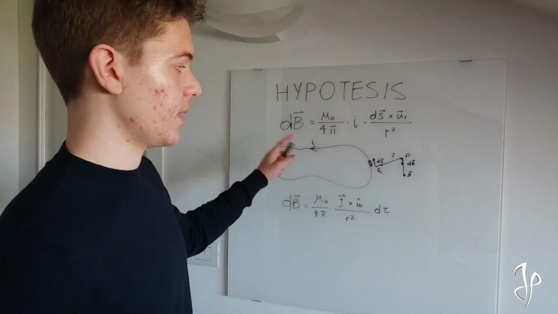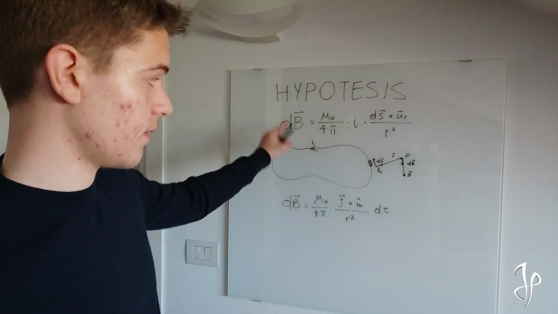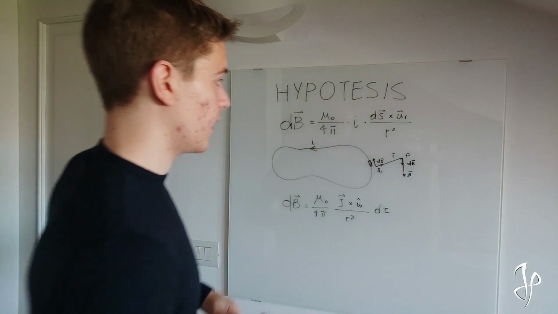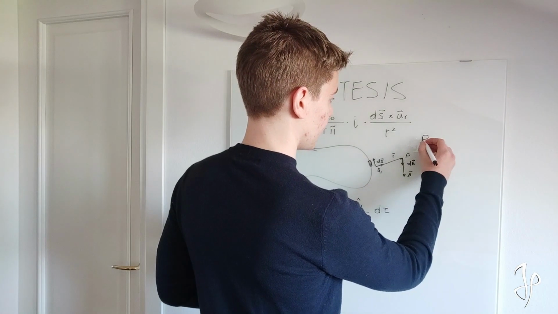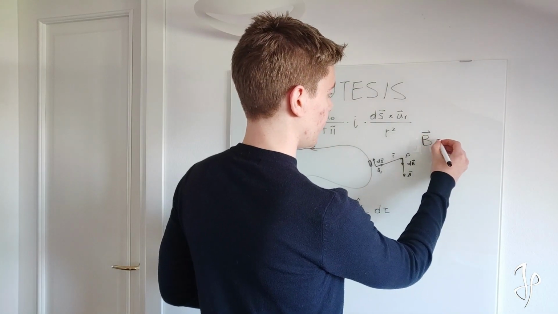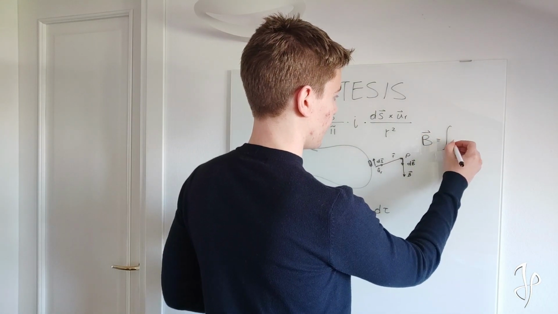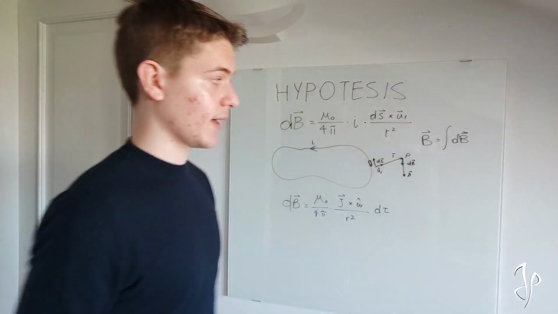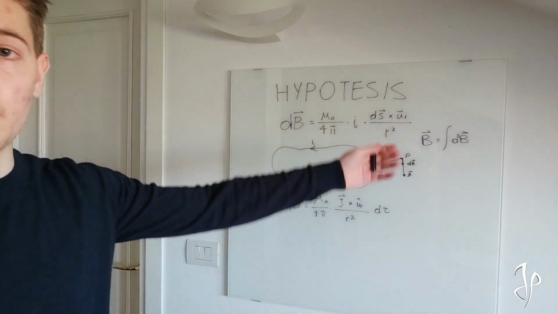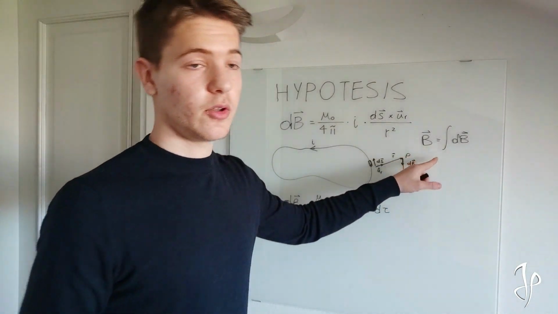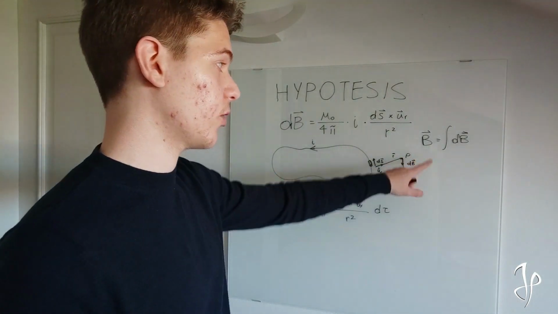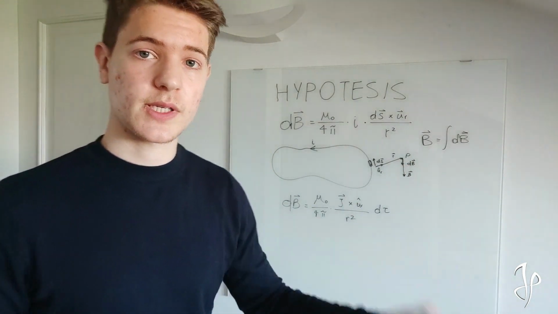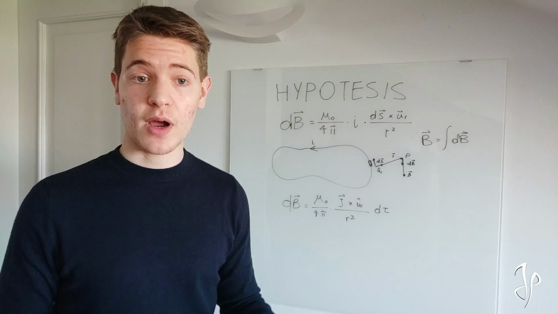Because basically this formula says that the infinitesimal contribution is equal to this equation, but the global finite result will be equal to the integral of the differential of the magnetic field, dB. And normally a computer cannot do this kind of operation in general, because computers by definition can't abstract.